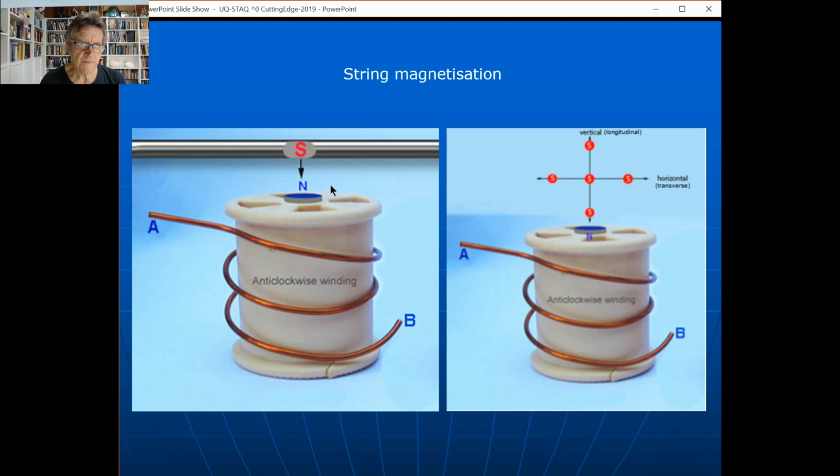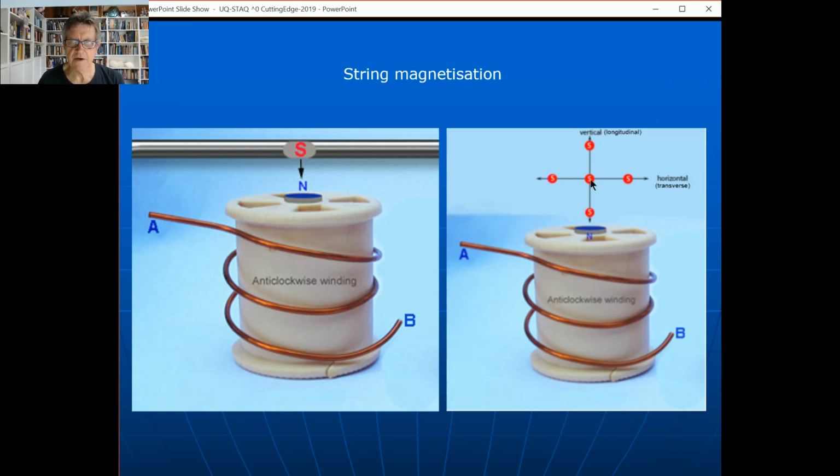Here's basically the pickup coil inside an electric guitar. The string is basically a magnet, because you've got a magnet inside the pickup. So north pole at the top, and as the magnet comes down and away, it'll induce a current in there.